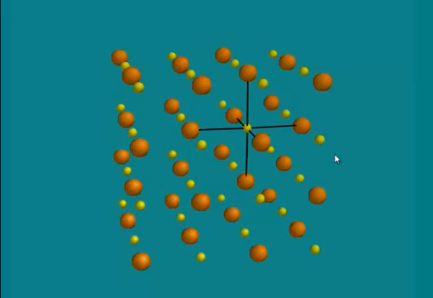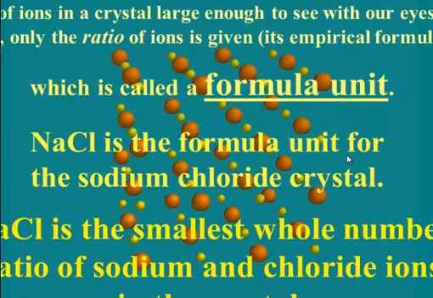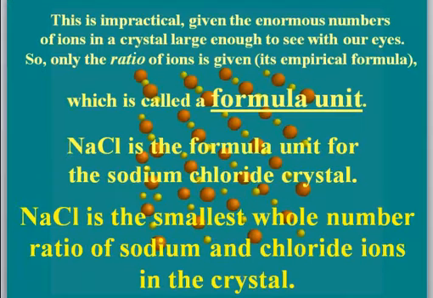In this case, sodium chloride is the formula unit for the sodium chloride crystal, the smallest whole number ratio of sodium and chloride ions in the crystal. With that, we are going to switch back to talking more about ionic compounds.